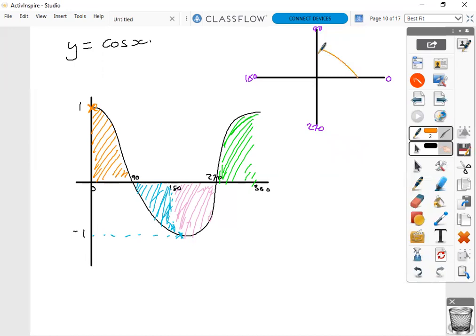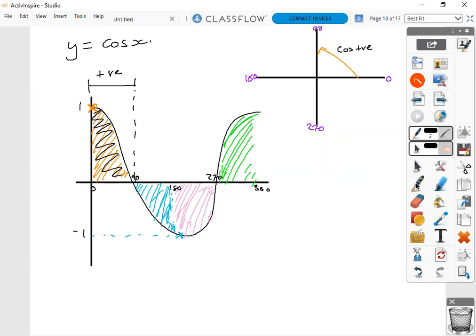Between 0 and 90, cos is positive. Okay, so between 0 and 90, all positive. Okay, everything's above the x-axis. All our solutions are above the x-axis. Okay, between 0 and 90, the solution we'll get for a cos in there will be positive.